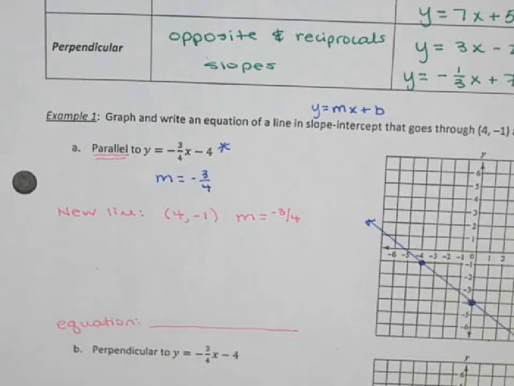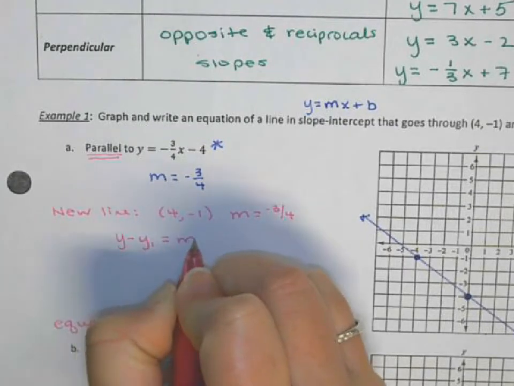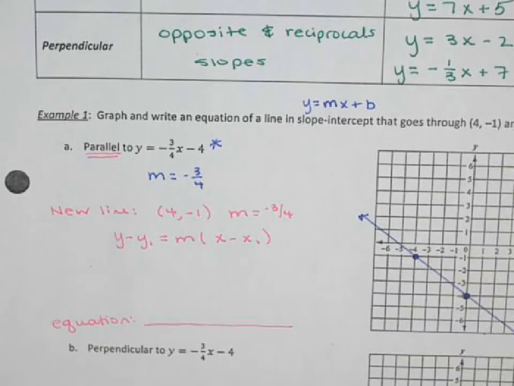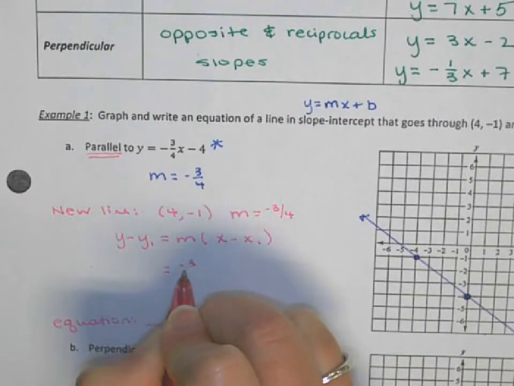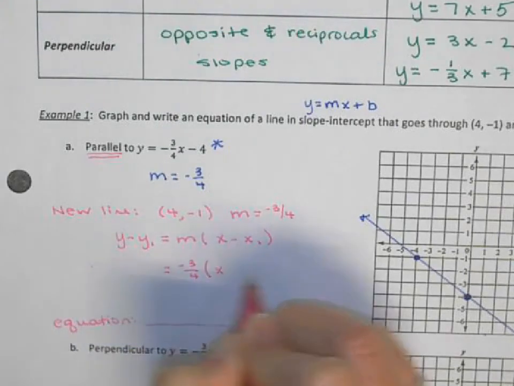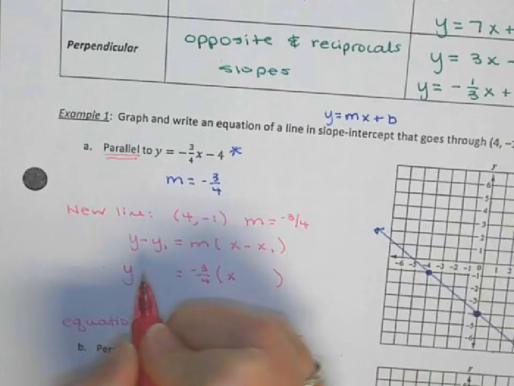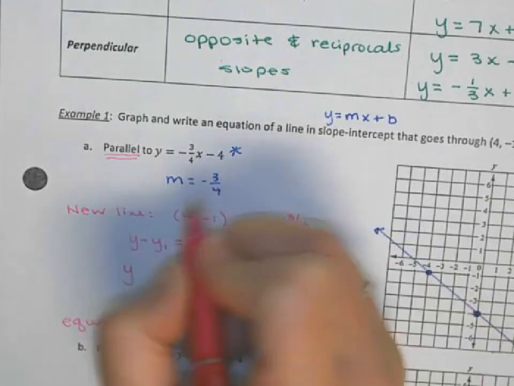Okay, so remember the point slope form looks like this. y - y1 = m(x - x1). And then you fill in your slope as m. Remember, you have to have your y, you have to have your x. What is this part here going to be? What is the y1 of your point?